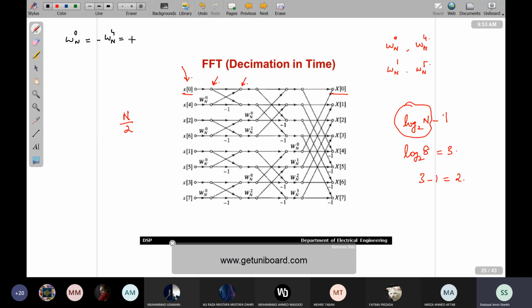So that's equal to minus इसको मैं WN0 अगर हम कॉमन ले लेते हैं इस टर्म में तो WN0 बाहर आ गया और माइनस 1 हमने इधर लगा लिया, because the main butterfly was something like that. यहाँ पे मेरे पास WN0 था और ये जो टर्म आ रही थी मेरे पास, इसके पास WN4 था. मैं इस बटरफ्लाई की बात कर रहा हूँ. सो अब आपने ये किया है कि इस बटरफ्लाई को यहाँ पे आप WN0 ले आए हैं and as a result of that इधर -1 कर दिया और इधर 1 कर दिया this butterfly. So that's the thing which have been done in all these butterflies.